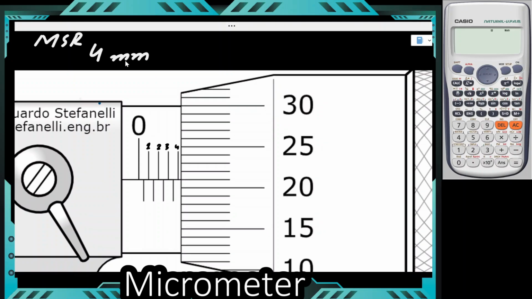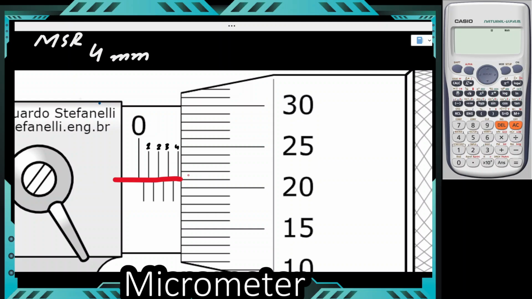So let's check out the reading of the circular scale. For that, I'm going to mark the main scale line first. So this is your main scale line, or you can say main scale axis or principal axis, whatever you want to call that. We need to find the line of the circular scale that coincides with this one.